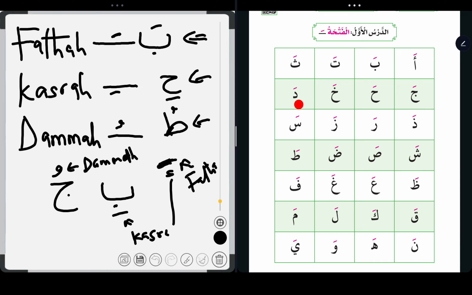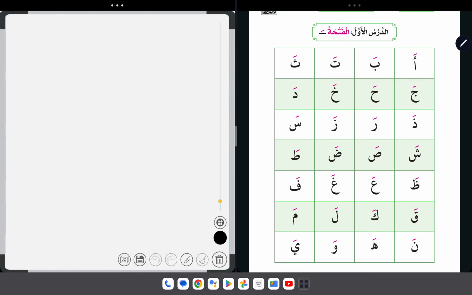Now, this is the letter dal, but the sound when it carries Fatha is da, and not dal. So you have to pay good attention here and know the difference. The name of the letter is dal.